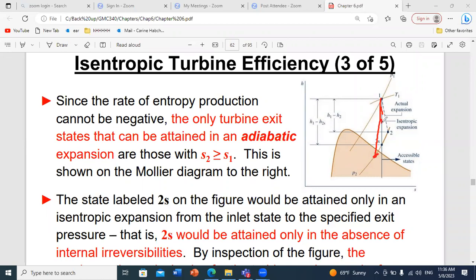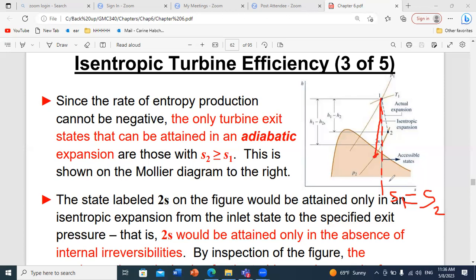Look at the graph. When you move in this way, this means that s1 is equal to s2. So for the adiabatic process, for the isentropic process, this means adiabatic reversible, s1 should be equal to s2.